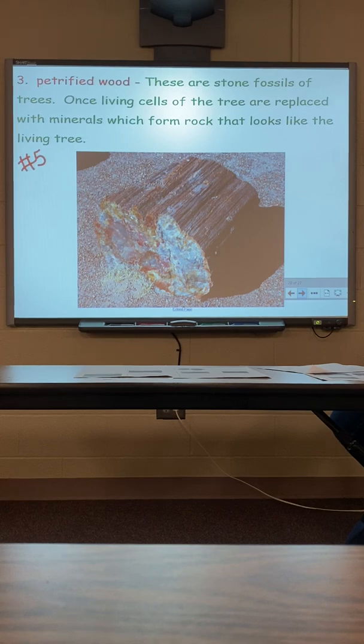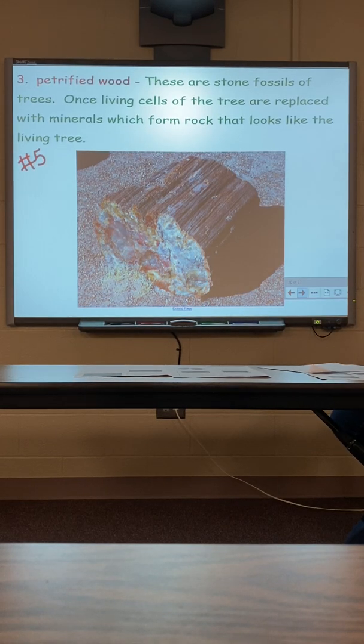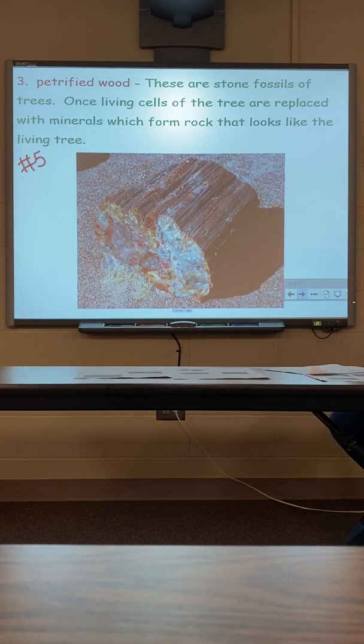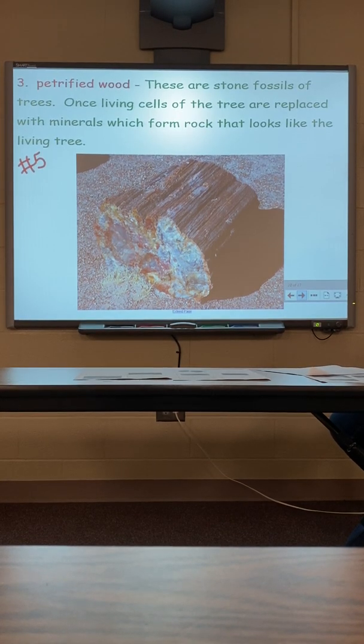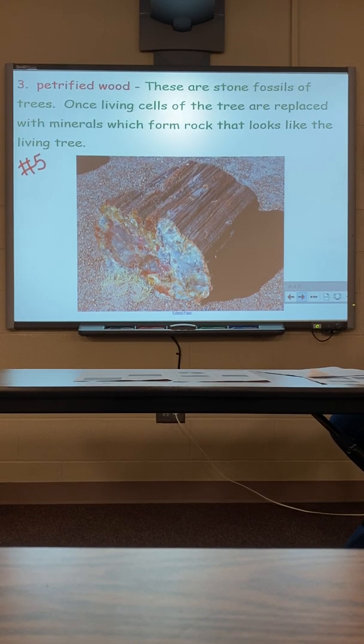They were once living cells of the trees that have been replaced with minerals which form rock that looks like living trees. What has to happen is that these logs or trees had to have fallen into a big stream and been covered up immediately with a lot of sediment.